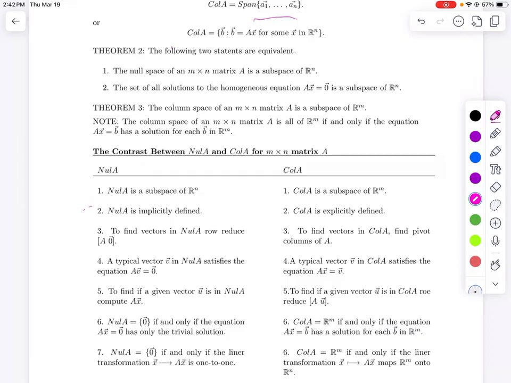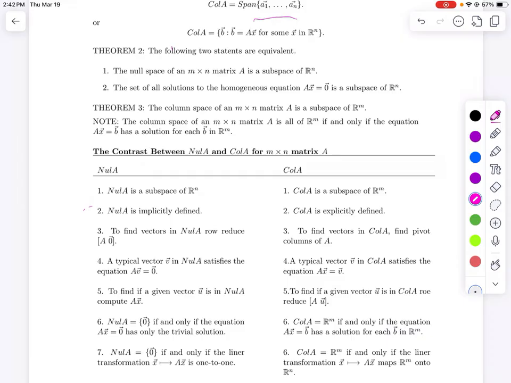Number 4, a typical vector v in null A satisfies the equation Av = 0. So when you multiply v with the matrix A, you should get a 0 vector. Then it means that v is in null A, and otherwise it will not be in null A. But a typical vector v in the column space of A satisfies the equation Ax = b.